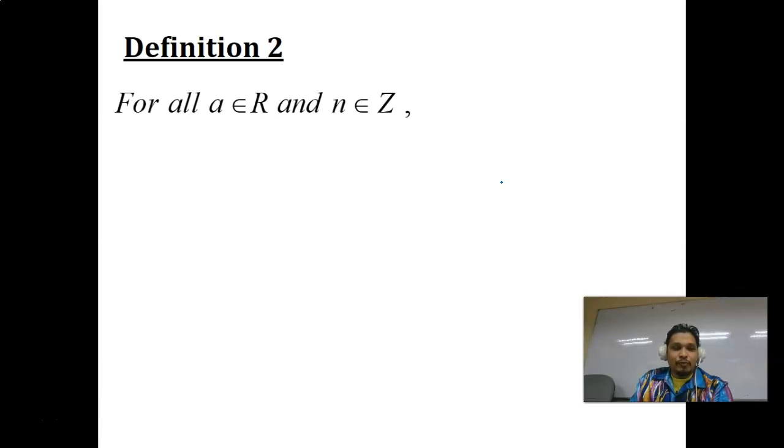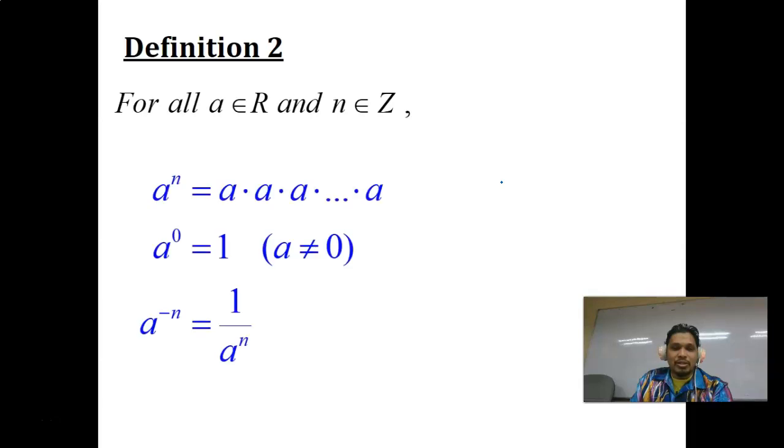Definition 2, for all a an element of the real numbers and n a positive integer. Look at this one here. A to the power of 0 equals 1, and a cannot be equal to 0 because it becomes 0 to the power of 0. Also, a to the power of negative n equals 1 over a to the power of n.